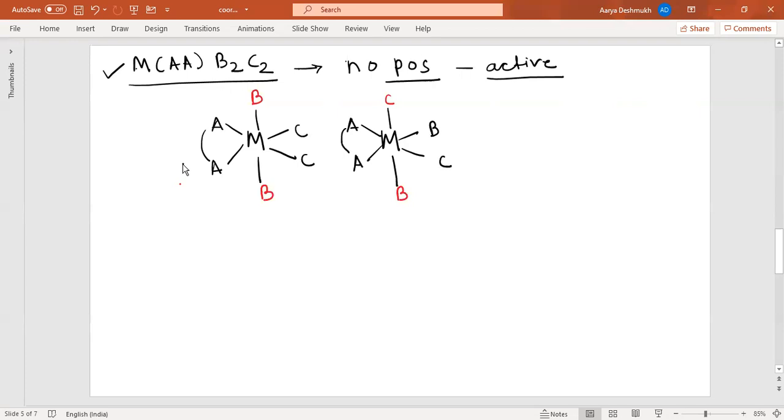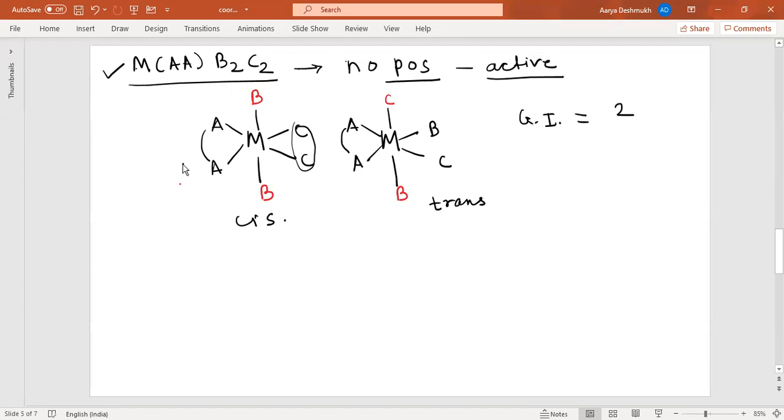Okay, so first we go for geometrical isomerism, GI. You can see here this one is trans, and here this is on the same side, so this is cis. Now the number of geometrical isomers here is 2, GI equal to 2.